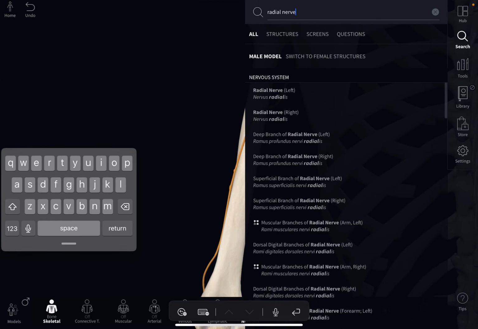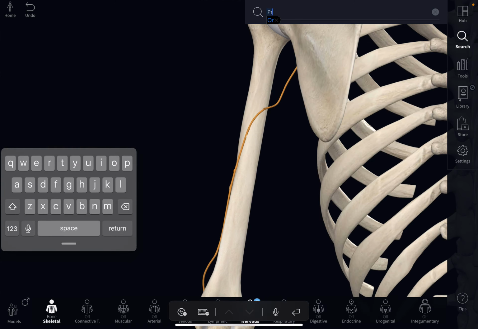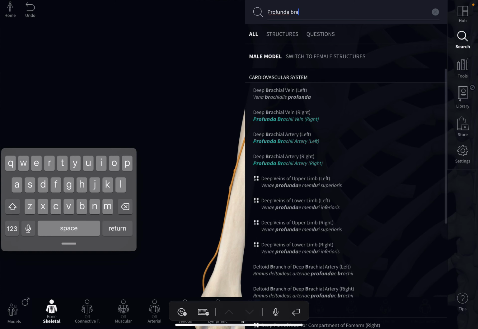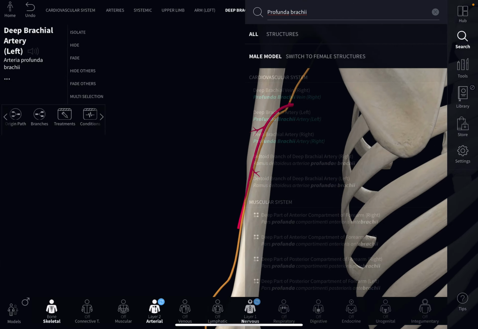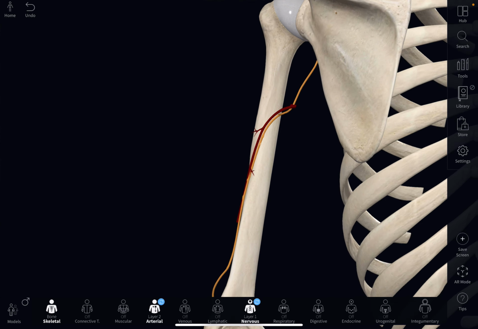Along with the radial nerve, we also have an artery running. That's the profunda brachii artery, the largest branch of the brachial artery. So we see two structures running in the spiral groove: the radial nerve accompanied by the profunda brachii artery.